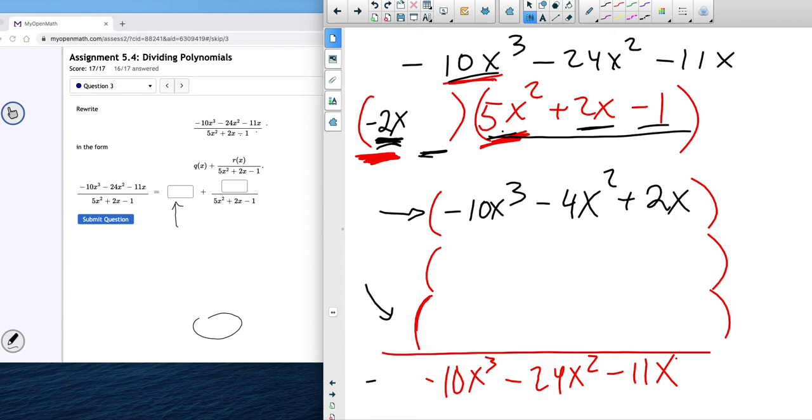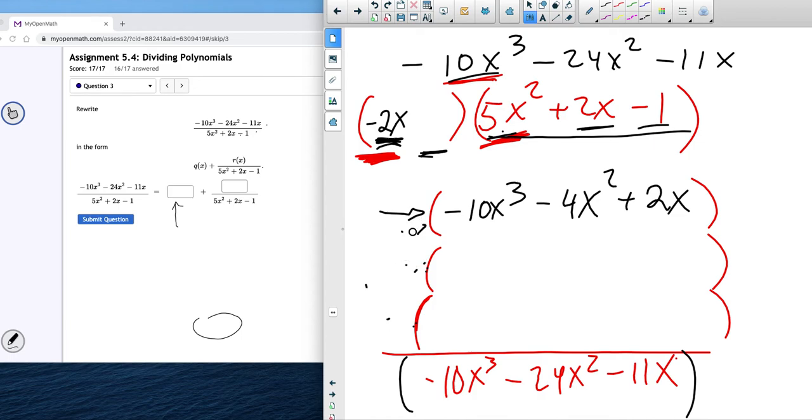All right, so just a little bit of what's going on down here. I'll try and explain that now. I'm going to add this first one with the second one with this third one to get back to my numerator. Okay? So I can start erasing some of these arrows. Hopefully that made sense.